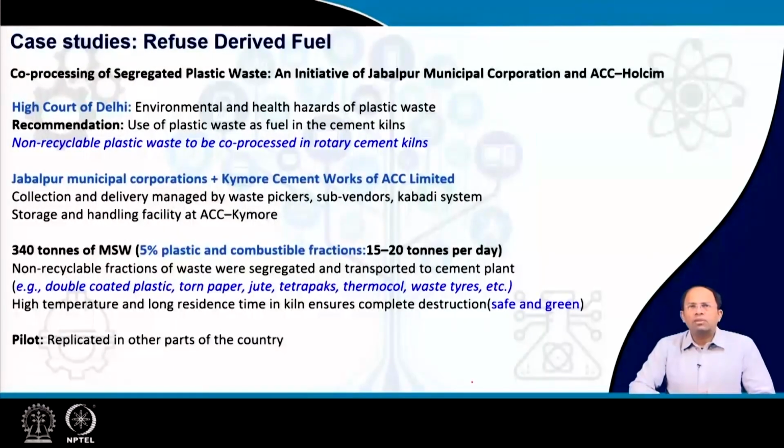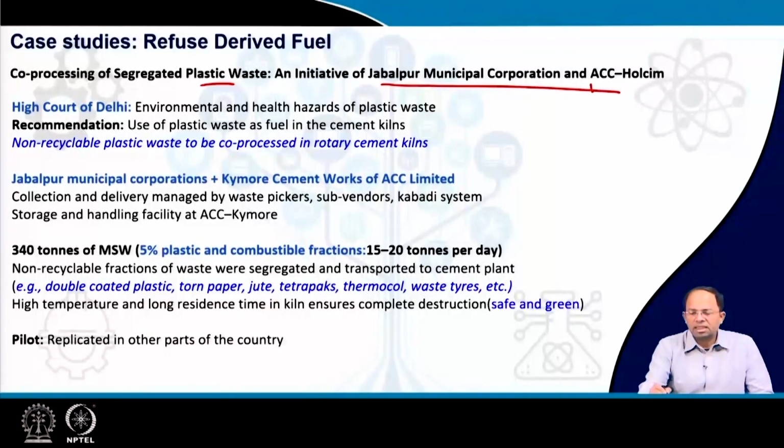Now we will talk about a few case studies on refuse derived fuel. First of all, co-processing of segregated plastic waste. That means we are using plastic waste as a refuse derived fuel, and this initiative is at Jabalpur Municipal Corporation, and the co-processing plant is ACC Holcim, a cement plant of the ACC group.